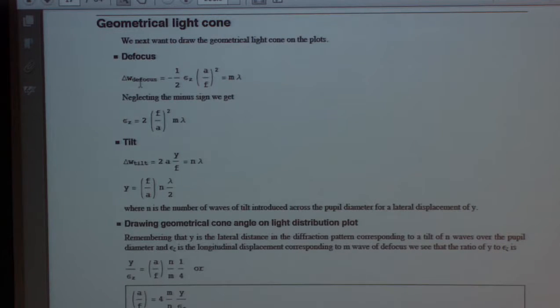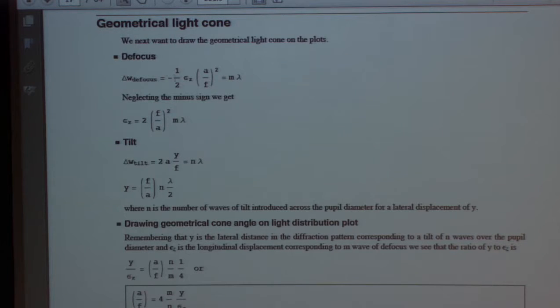We say that delta W defocus, which we had from last class, is 1/2 epsilon sub z, and we'll write this here as a over f squared, equal to some number of wavelengths. It may be an integer, it may not be, but it's equal to some number, 1.43627 waves or something.